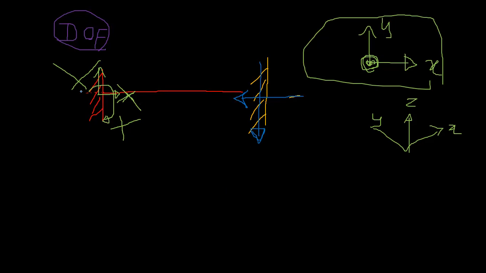So if it is trying to bend this way and it stops it, that means it should generate a resistive movement, right? That's why we have 3 reactions at a fixed support. So that is 2 translation forces, the vertical and horizontal reactions, and the bending moment.